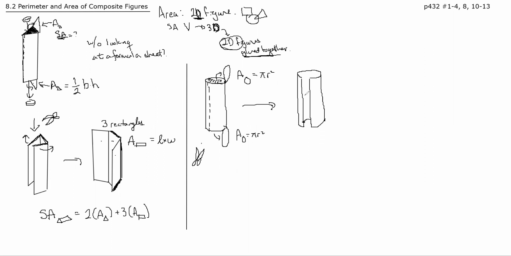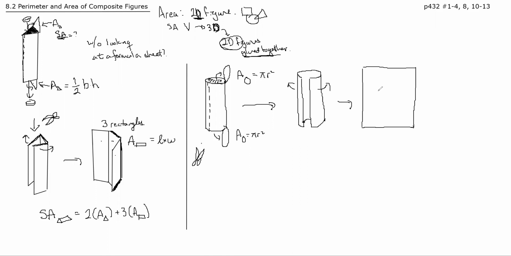I'm going to open up these flaps, and guess what shape that actually takes? It's like a flat piece of paper. Try it. Take an 8 by 11 piece of paper that you might have in your printer and roll it up. You'll get a cylinder. The body of a cylinder is actually just a rectangle.